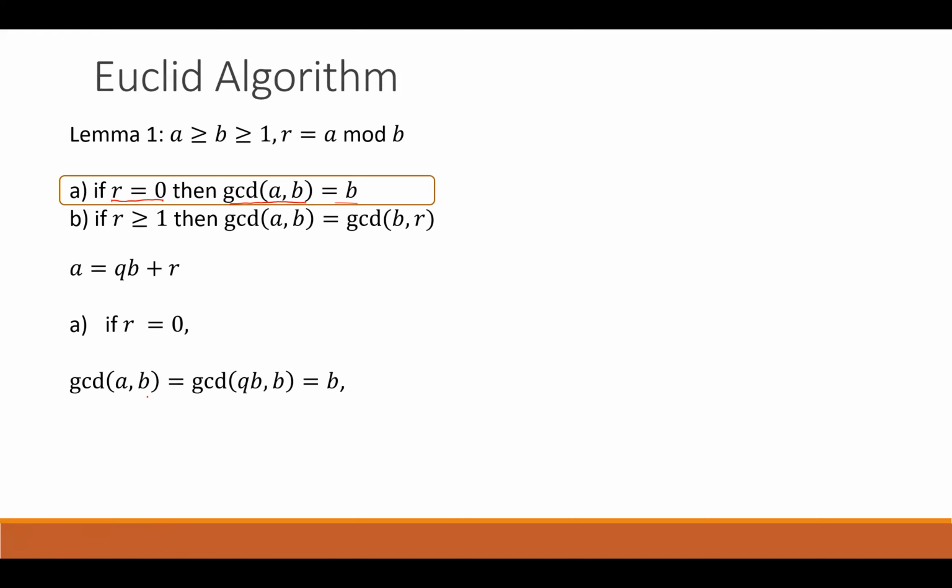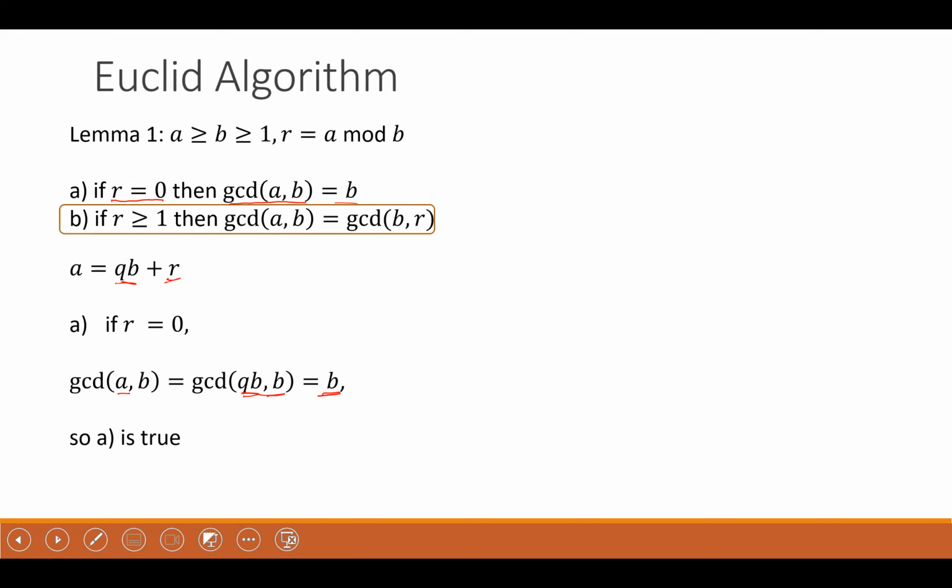So I can write A as q times b plus r, where r is 0, so just simply q times b. And the greatest common divisor of qb and b is, of course, b. I can't have a greater divisor of B than itself, so this stands to reason, sort of trivially true.